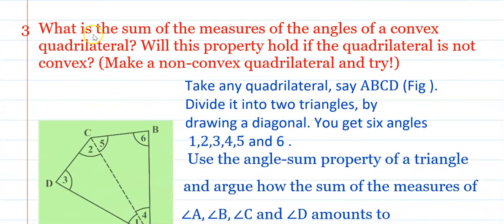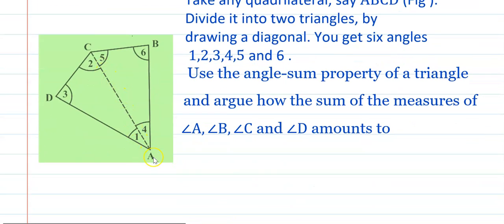Okay. Now the next question. What is the sum of the measures of angles of a convex quadrilateral? Will this property hold if the quadrilateral is not convex? Yes, we can find out the sum of measures of angles of a convex quadrilateral. See this figure.